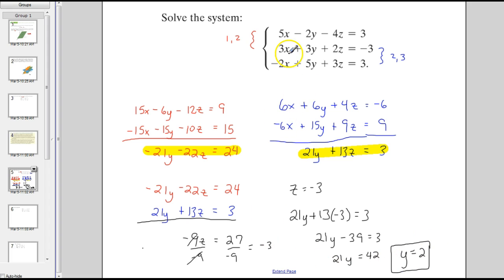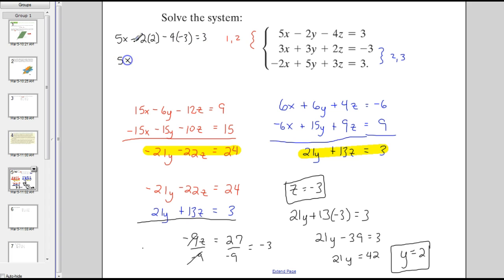Alright, and then finally I take z equal to -3, y equal to 2, and I go back into either one of these original three equations, and I can solve for x. So right here, 5x minus 2 times y, which is 2, so 2 times 2, minus 4 times z, we got negative 3, equals 3.